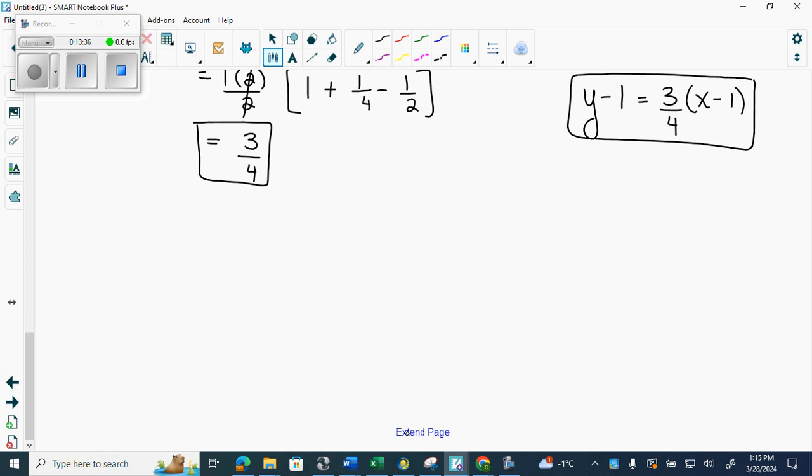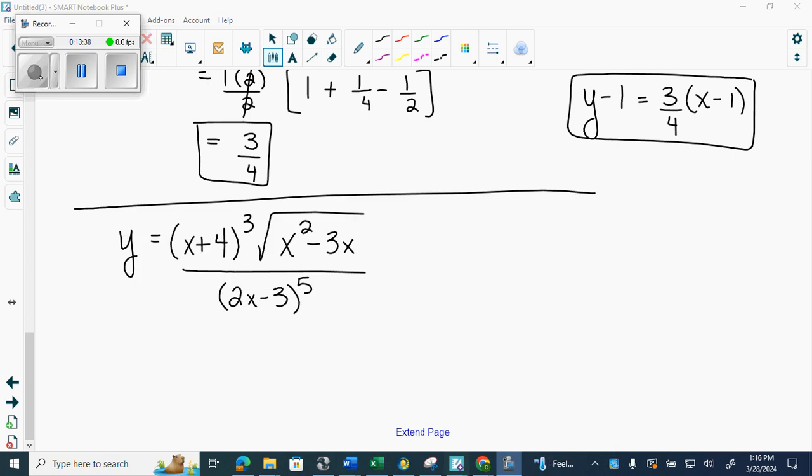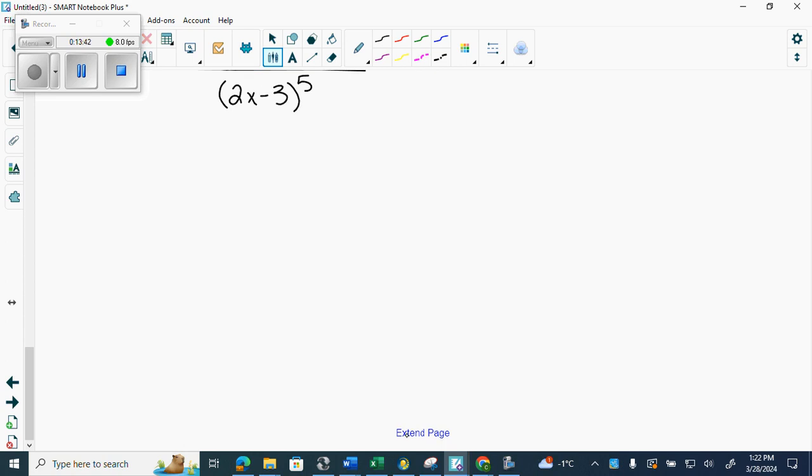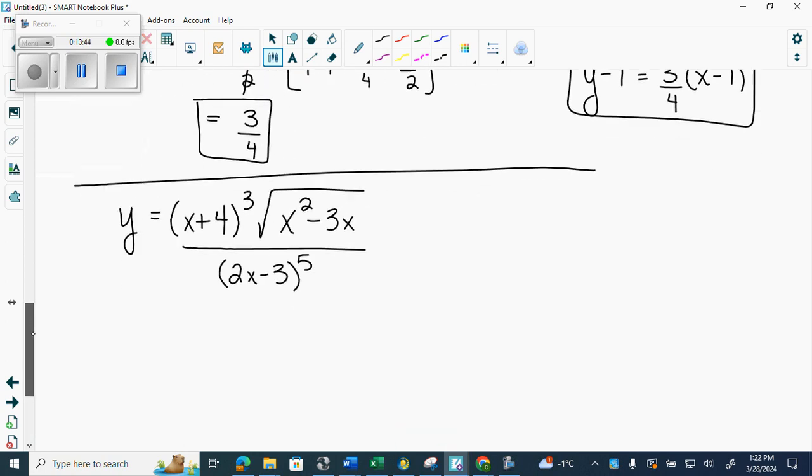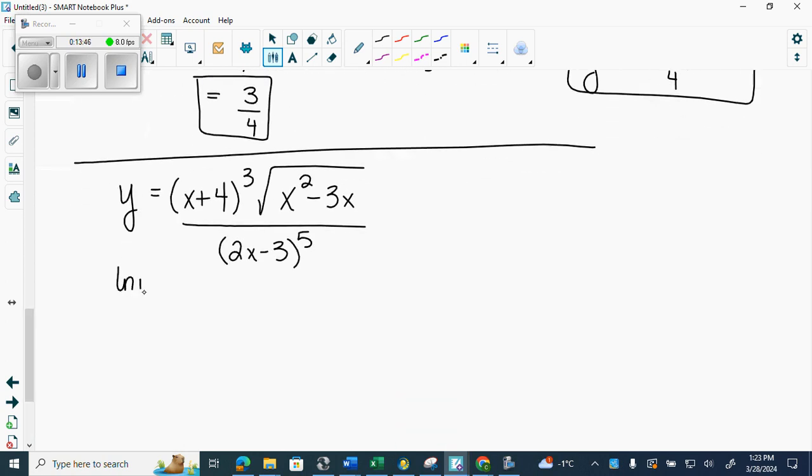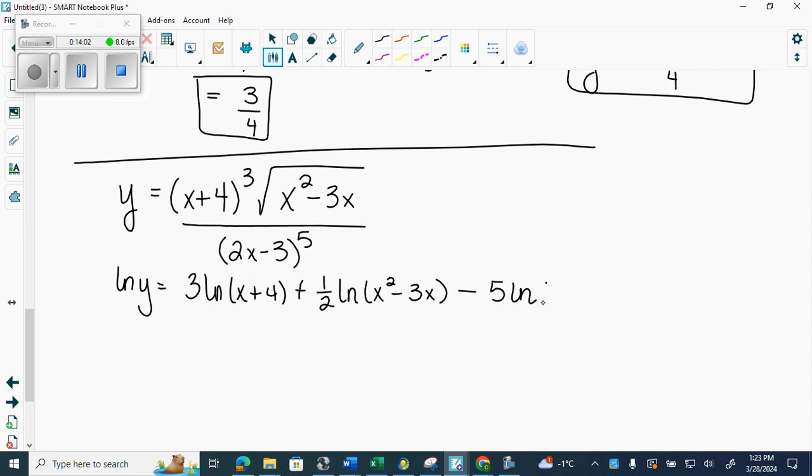Okay, this is the question you're trying. So we get ln of y equals 3 ln x plus 4, minus half ln x squared minus 3x, minus 5 ln 2x minus 3.